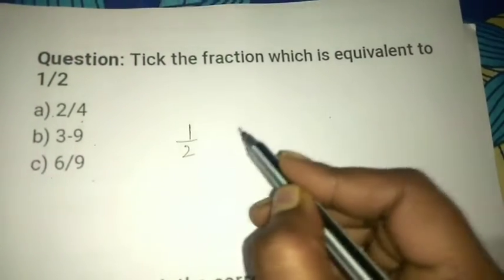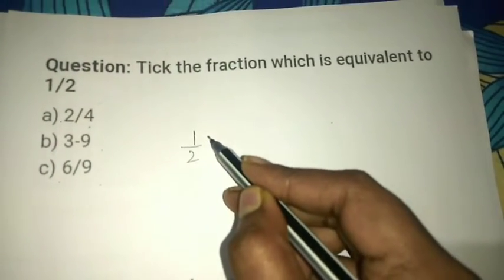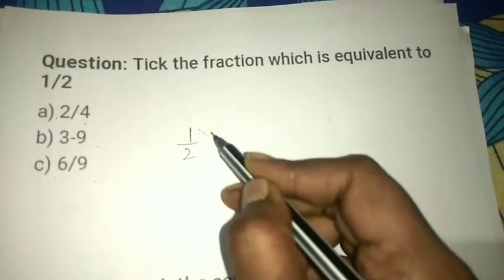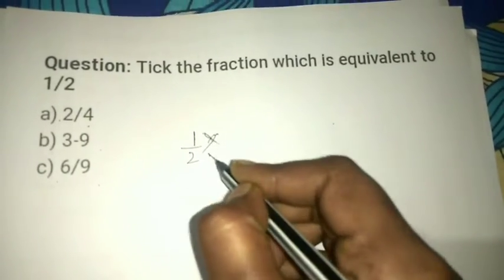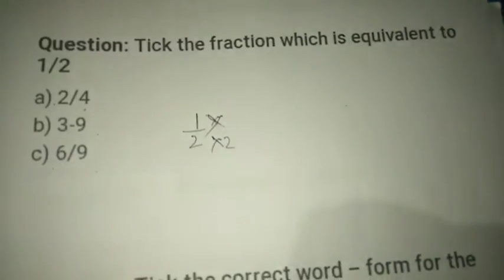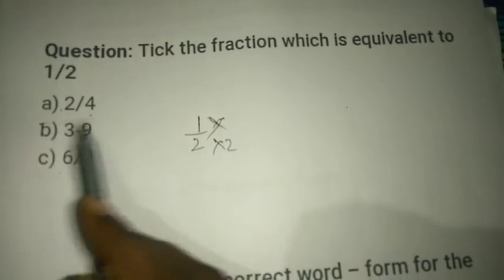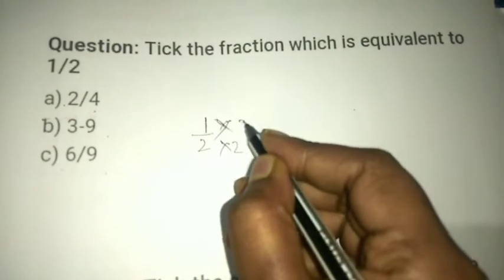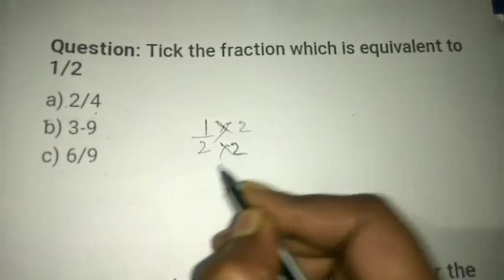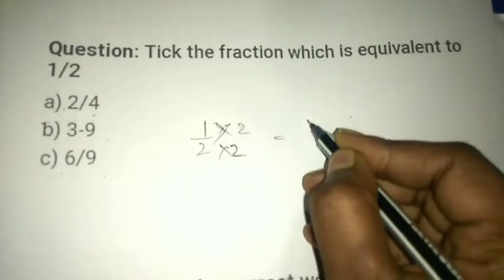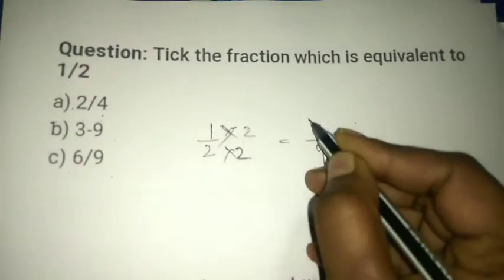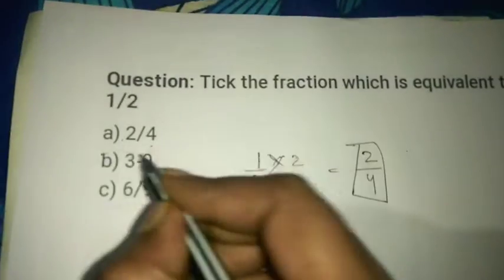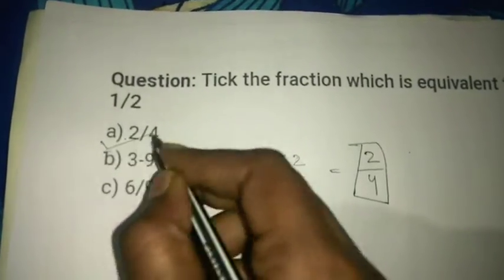Equivalent fraction means you have to multiply the same number with the numerator and the denominator. So check the first option: 1 into 2 by 2 into 2 is equal to 2 by 4. So here 2 by 4 is an equivalent fraction of 1 by 2.